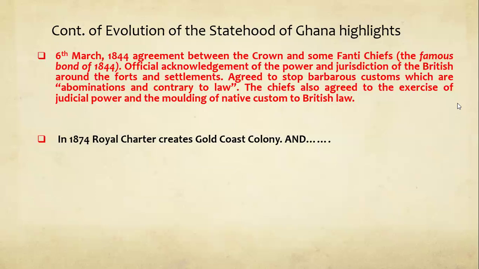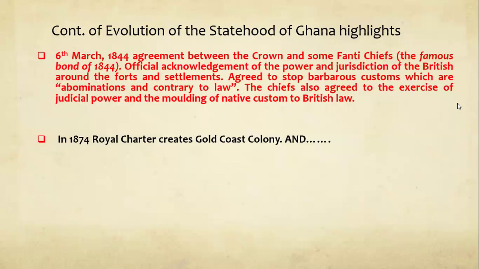And also to the extent that the chiefs had agreed to the exercise of judicial power in the mode of conforming custom to British law. It's like they had surrendered their independence in a sense. And that is why our political independence in 1957 was actually made to coincide with the 6th March. So we have our independence 6th March 1957. Some interesting correlation with the 6th March 1844 bond.